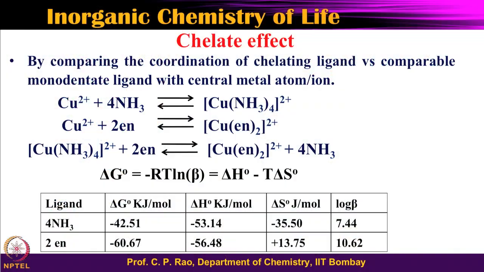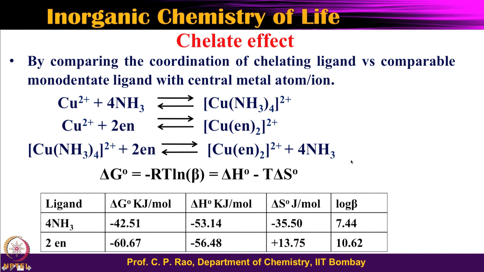You have a copper tetramine complex, so 4 ligands over there, and instead you can have copper with 2 ethylene diamines. Now, if I take a copper ammonia complex and react it with 2 equivalents of ethylene diamine, what would I get? Copper bis ethylene diamine, that is 2 plus 4 ammonia.